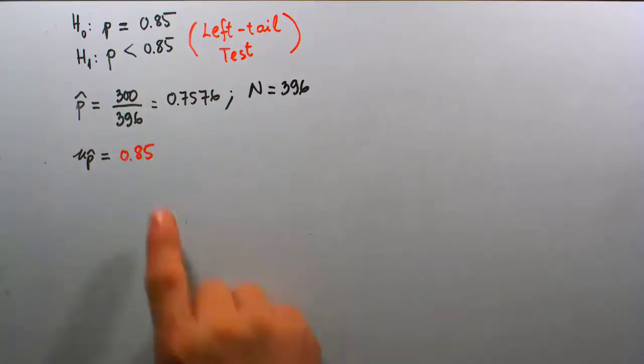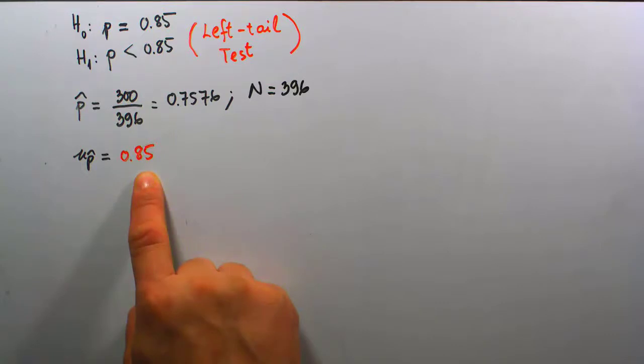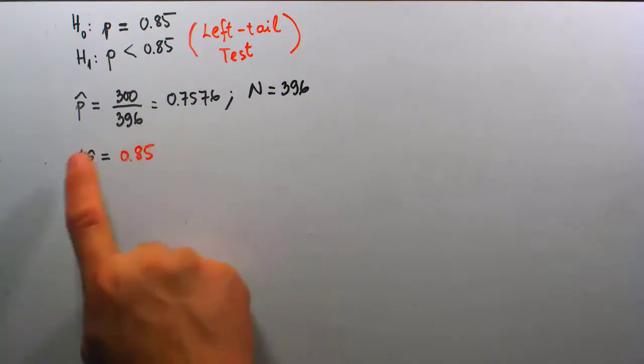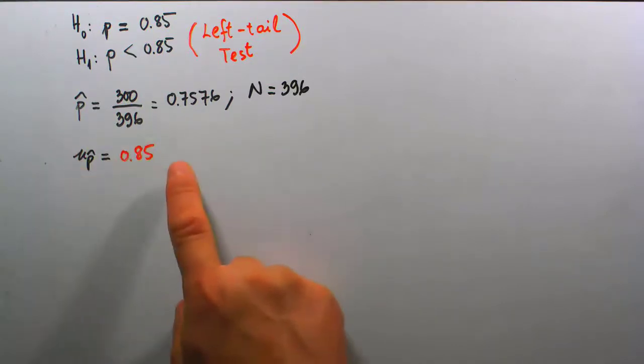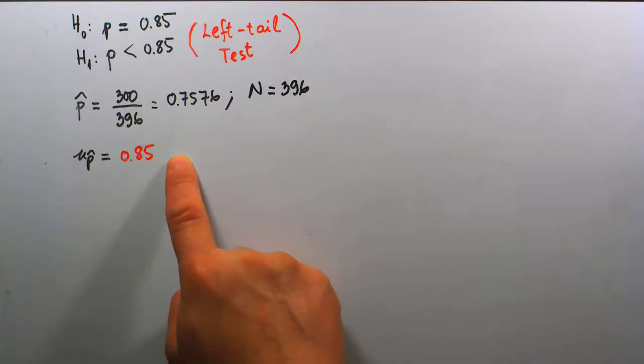And I will give the detailed explanation of how this value came out to be 0.85 at the end of our steps, after we have put in all the steps and led it into our final conclusion.